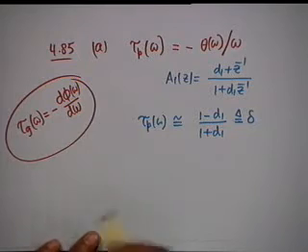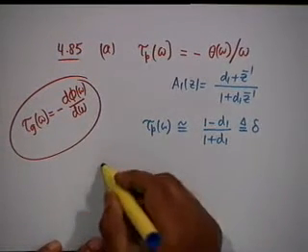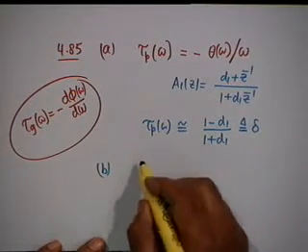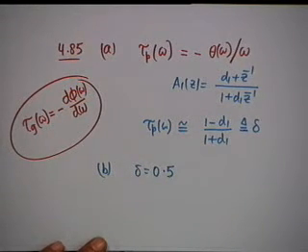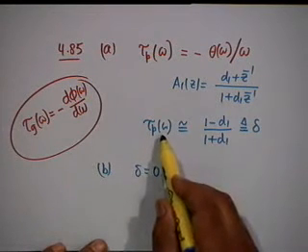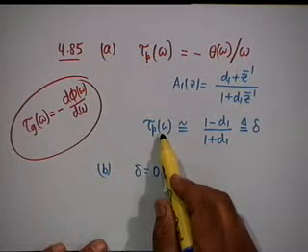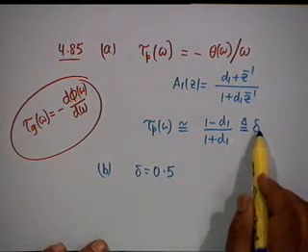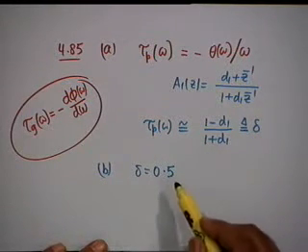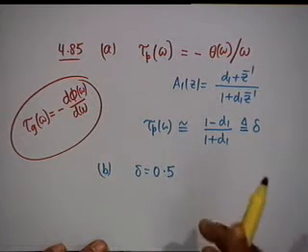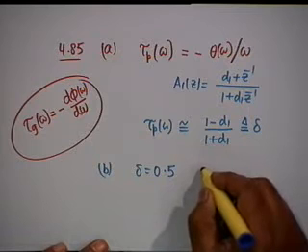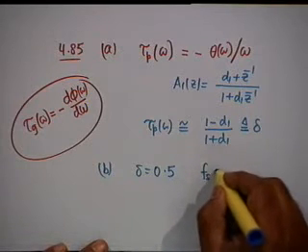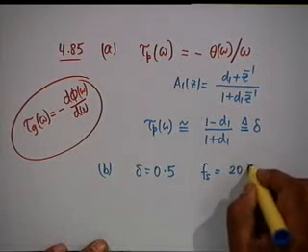And the second part says design a first order all pass filter given that delta is 0.5, tau_p(omega) is 0.5. See, tau_p(omega) normally should be a function of frequency. It is approximated by a constant. The constant is 0.5 for a given design, and the sampling frequency Fs is given as 20 kilohertz.